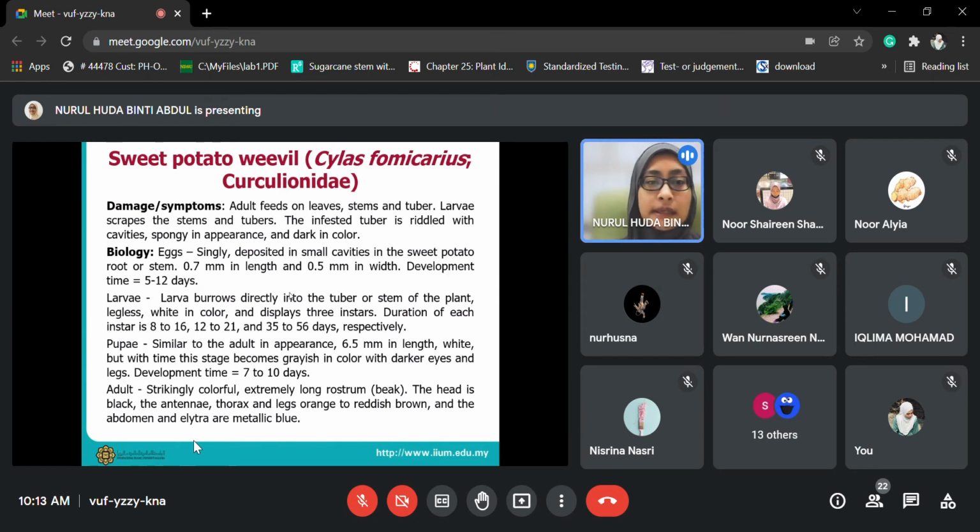And the larvae, okay, of course legless, meaning dia tak ada kaki lah. Usually white in colour and display 3 instars, meaning that they molt 3 times. Okay, 3 instars meaning from the first stage of larvae and then they molt, become the second stage of larvae, 3 times, maksudnya ada 3 instar, ada 3 peringkat larvae.